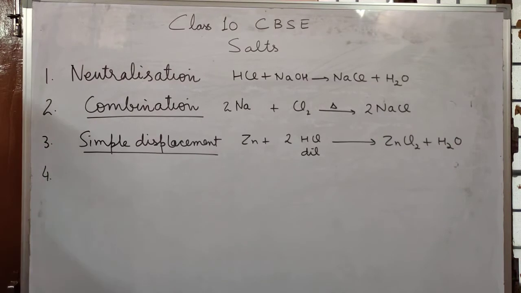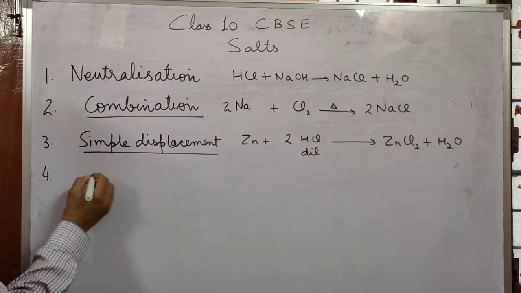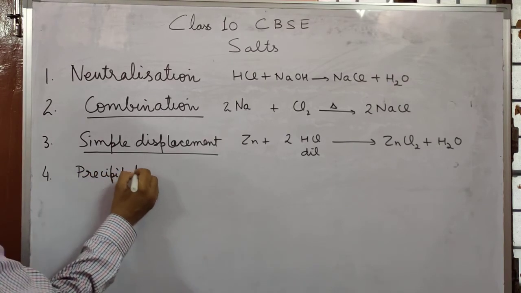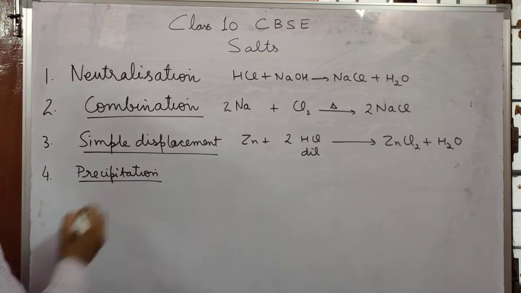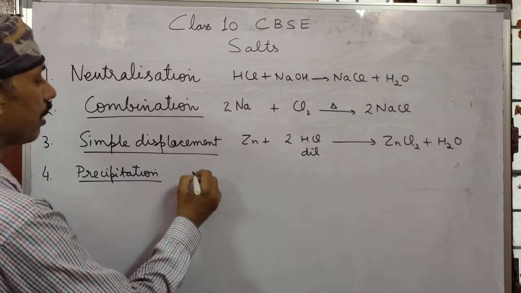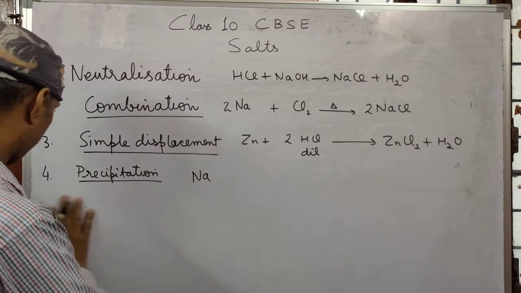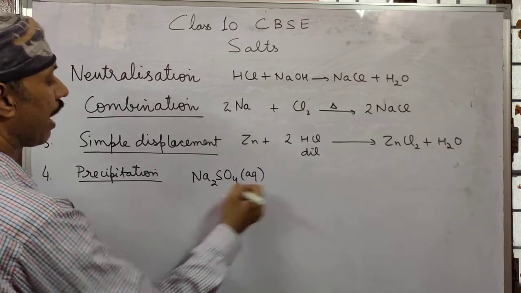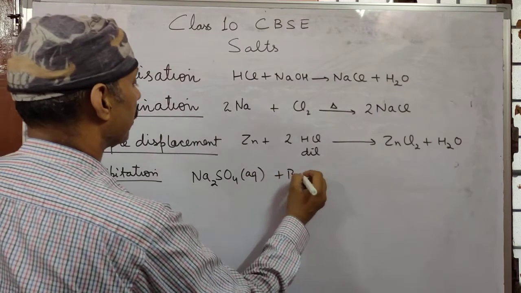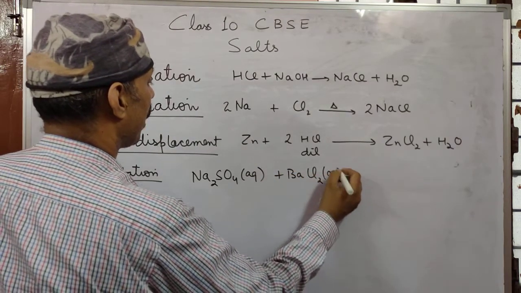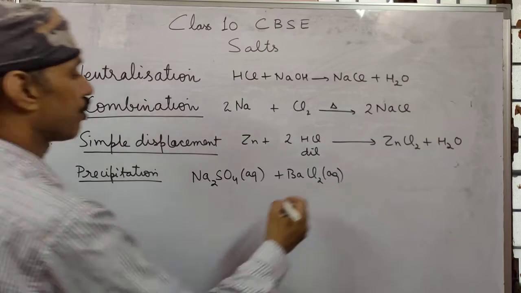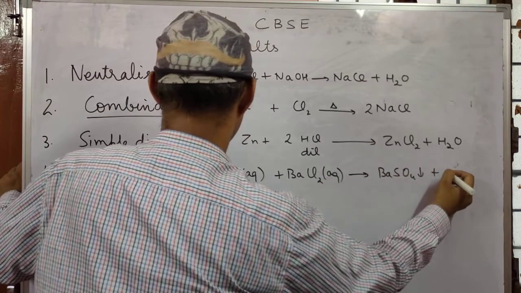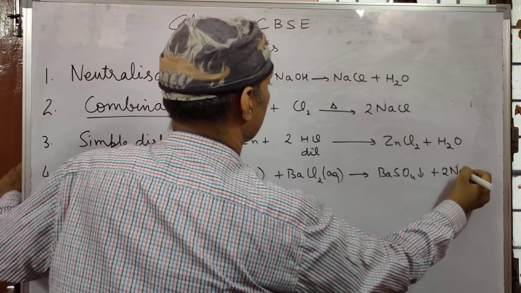And there is one more method to prepare a salt, that is precipitation. What is precipitation reaction? Like for example, if you take Na2SO4 aqueous solution and add BaCl2 aqueous solution, when you mix two solutions, you can get some reactions like this.